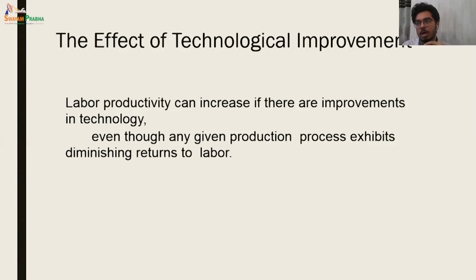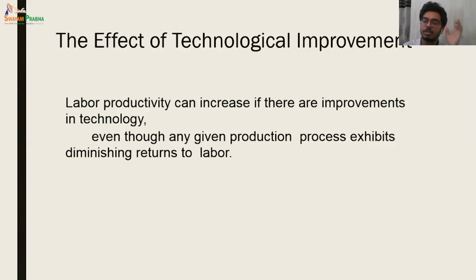If you engage 5 laborers, you can manufacture 20 pens, and with 10 laborers you cannot manufacture 40, instead you manufacture 35. So you are multiplying the labor force by 2, but your production is not increasing by 2 times, then it is a diminishing return, right? A diminishing return to a particular scale.